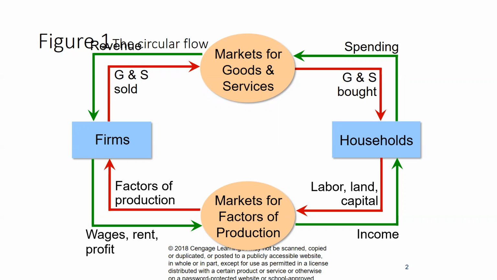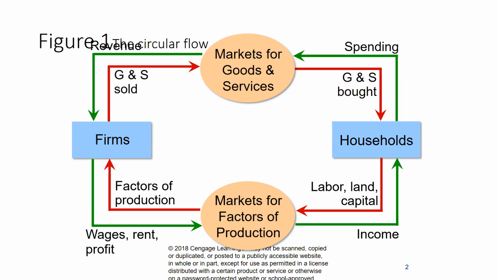So the first model is the circular flow. Let me first explain the market for goods and services. Think of that as anything. You go to any store, you go to the mall, you go to Amazon, it's where goods and services are exchanged. At that market, firms supply the goods and services and households demand.